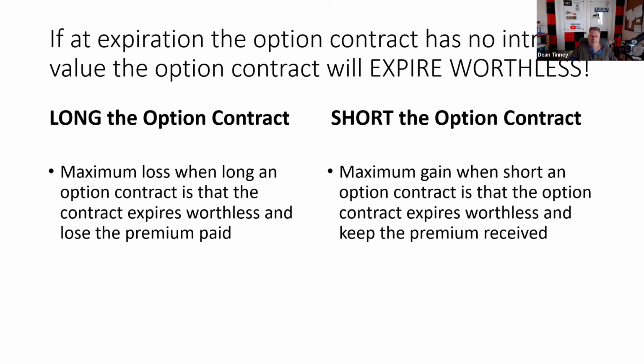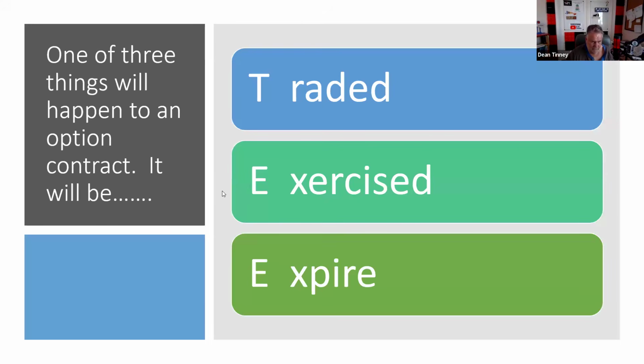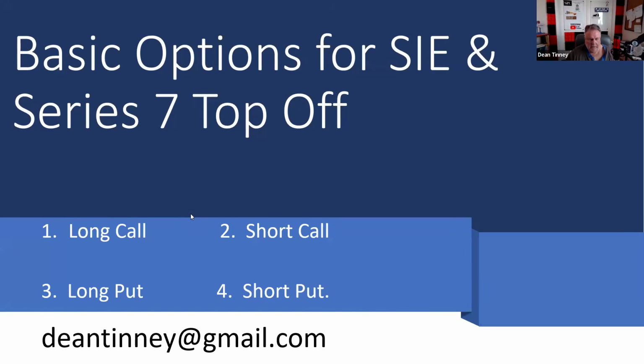When that dawns on you, you have half as much to lose, or half as much to learn, I should say, right? One person's options dream is another person's options nightmare. There are games that are win-win where both parties can win. This isn't one of them. So we said this is what could happen to an option contract. Basic options. So we finished the intro.